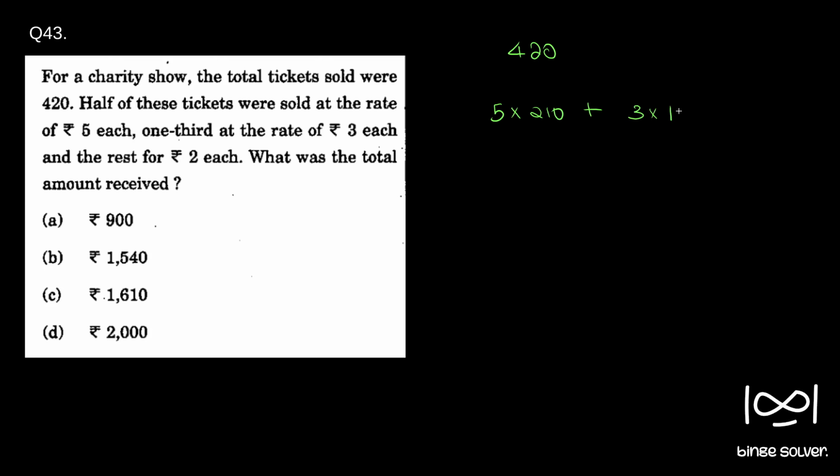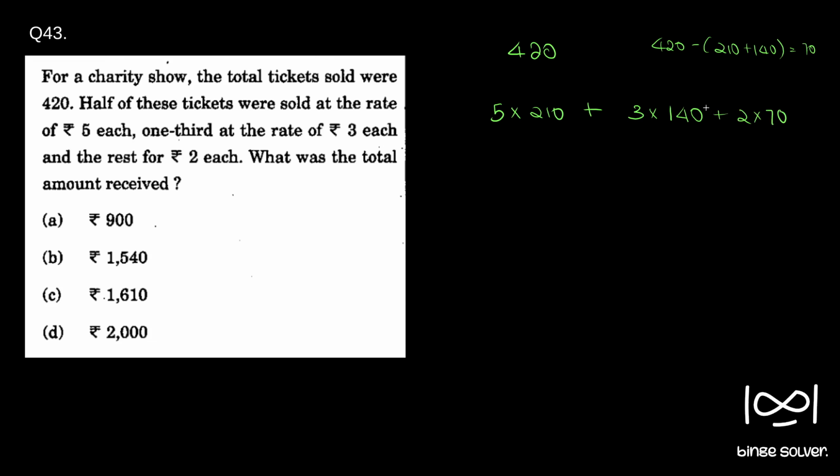One third of 420 is 140 tickets at 3 rupees each. 210 plus 140 is 350, so the rest is 70, that is 420 minus 350. So 70 tickets were sold for 2 each.